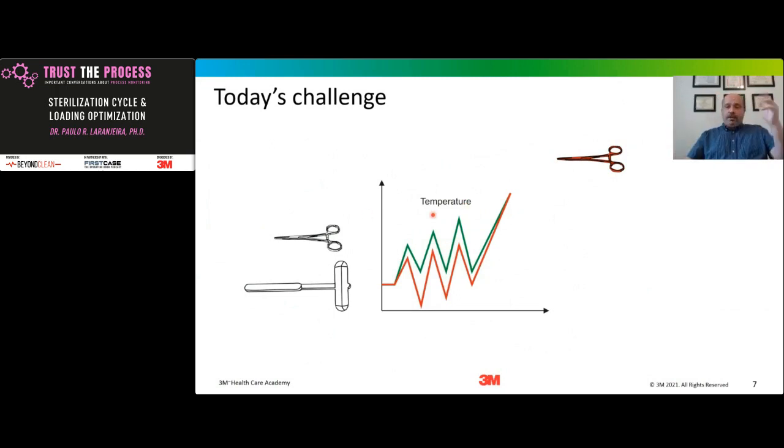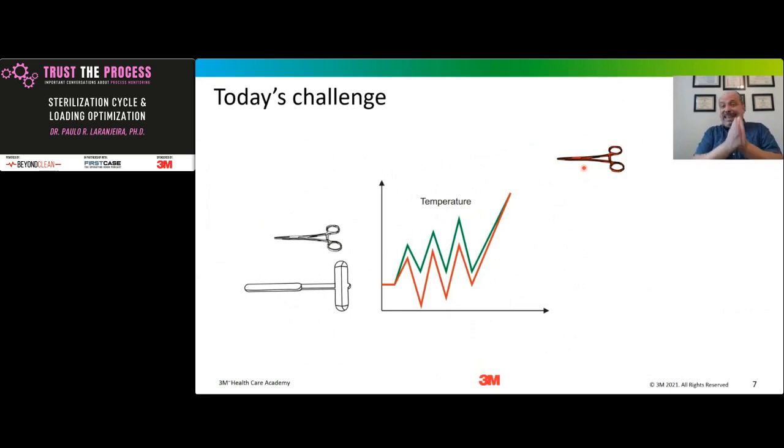Then I do another vacuum, remove the condensate, and on the come up, I'm just going to reach the sterilization temperature. At that point, I want the surface of my medical device to be at the same temperature or close to the temperature of the steam that is going inside of the chamber.